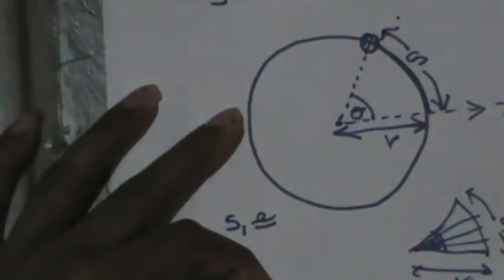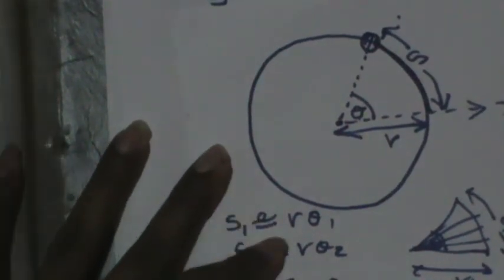For small angles sin theta 1 is approximately theta 1, so S1 is approximately R times theta 1, S2 approximately R times theta 2, likewise Sn approximately R times theta n. So the summation S1 plus S2 plus S3 up to Sn is S, approximately R times theta 1 plus theta 2 plus theta 3 up to theta n, which is theta, so S is equal to R theta.